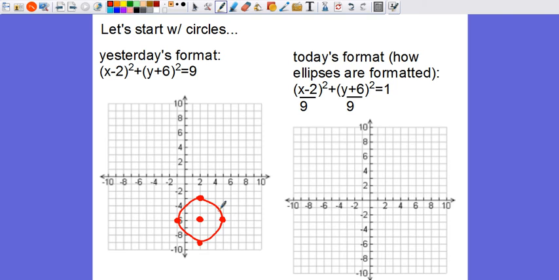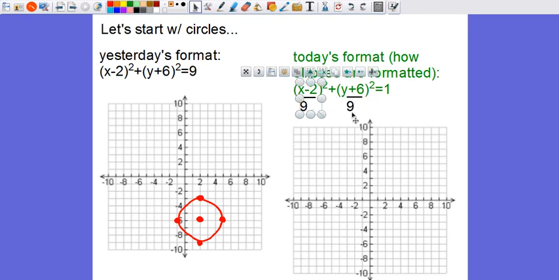Today's format is going to look like this. This is just a manipulation of that. If you divide everything by 9, you're going to get this. Let me make that green.